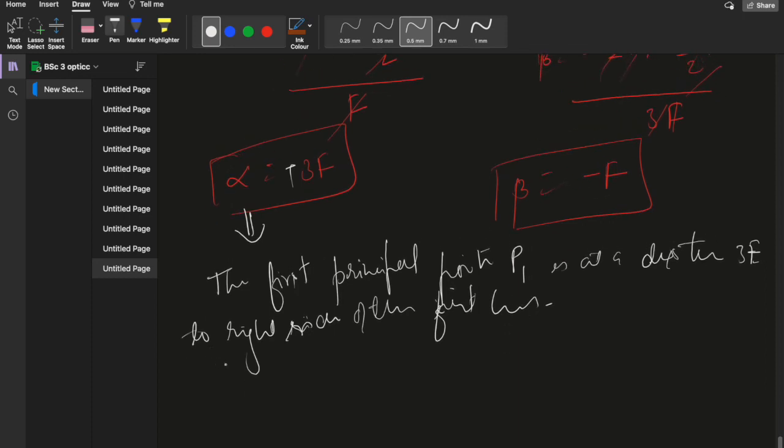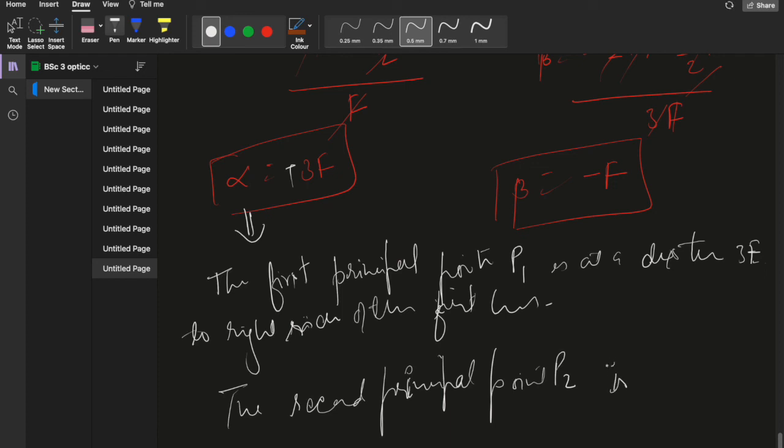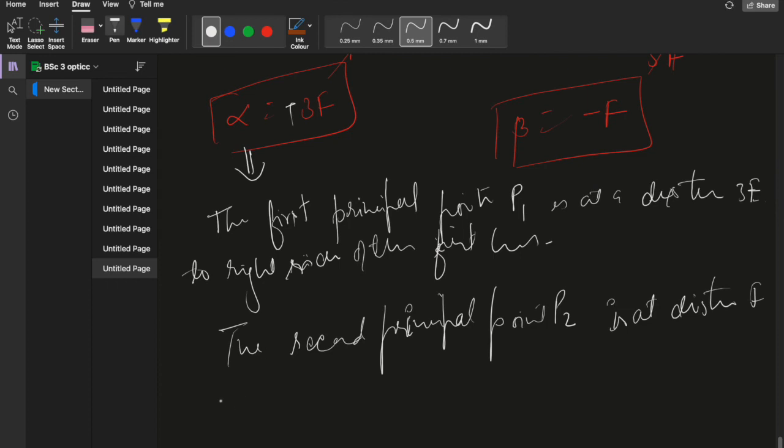And beta equals minus f says that the second principal point, say P2, is at a distance f to the left, because of the negative sign, of the second lens.